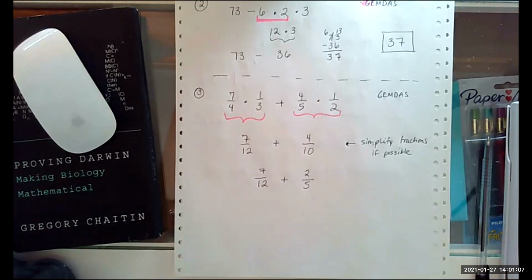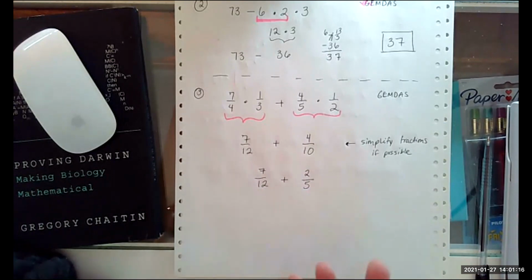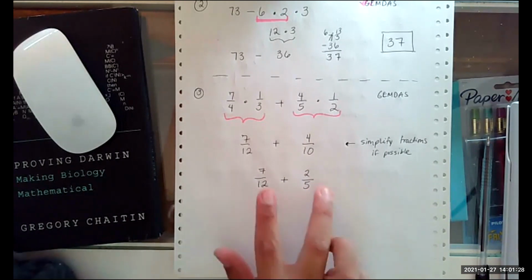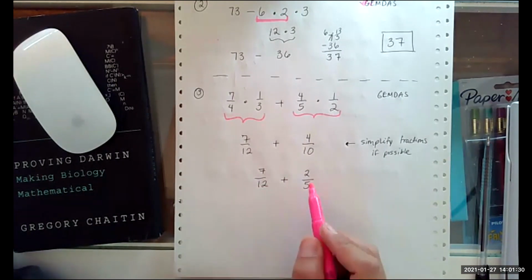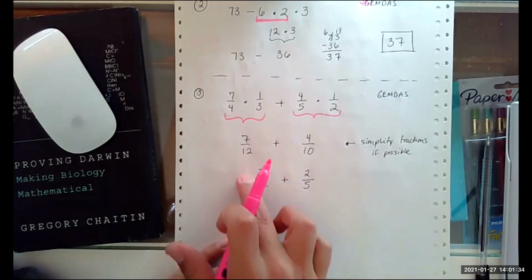Maybe it helps, maybe it doesn't. Then we need to make these denominators match somehow. You could do the prime factorization, but I feel like some of you have some apprehension with it, so that's fine. As long as we reduce these fractions, what we can do is take this 5 and multiply it on this fraction.